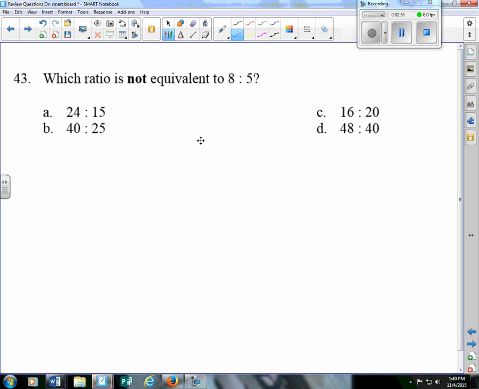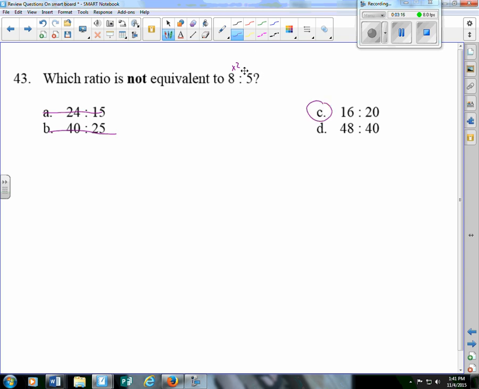Next problem reads, what ratio is not equivalent to 8 over 5? Well, 5 goes into 15 3 times. 3 times 8 is 24, so this one is equivalent. 8 times 5 is 40, 5 times 5, that works. If we multiply 8 by 2, we get 16, which works, but then 5 times 2 would be 10, so this one does not work.